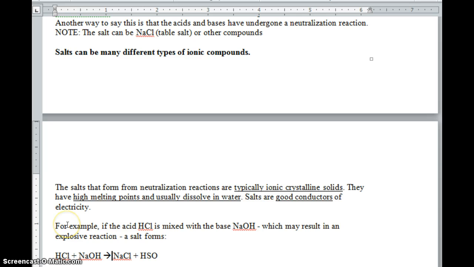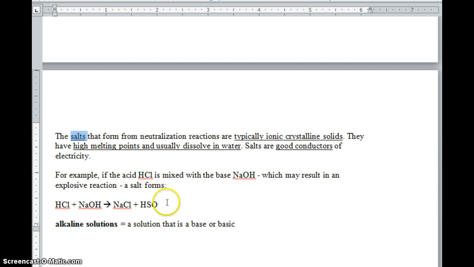And I just copied from the slide by underlining the key points. Typically, ionic crystalline solids are our salts. They have a high melting point and usually dissolve in water, and salts are good conductors of electricity. And then, of course, I gave an example of a reaction that will produce a salt and water.